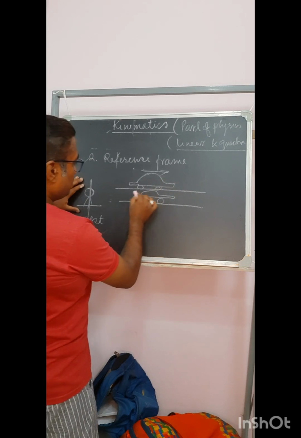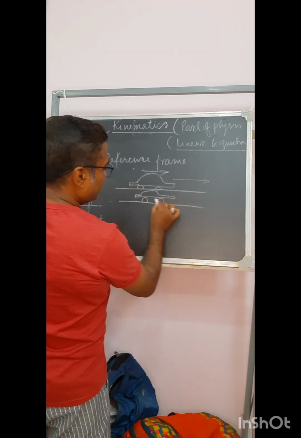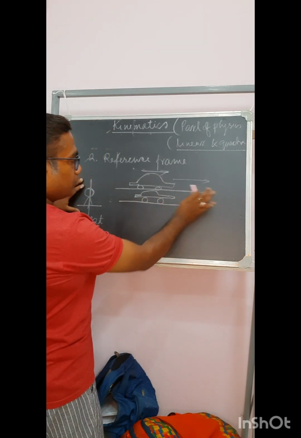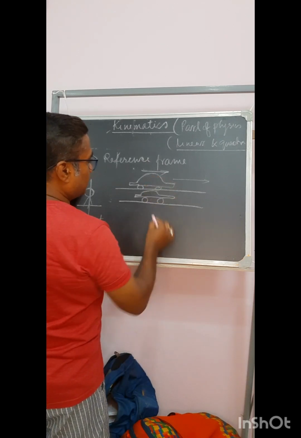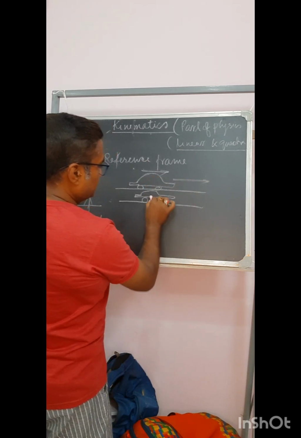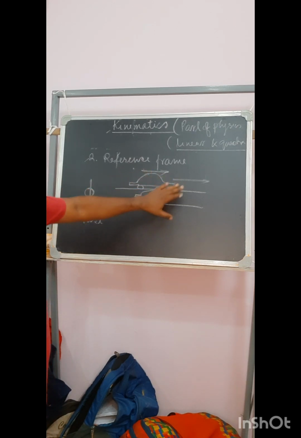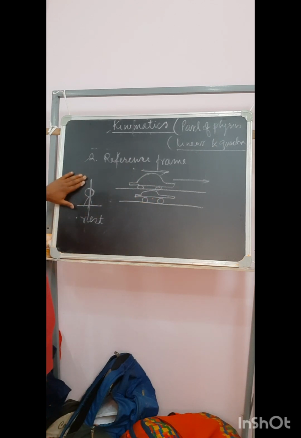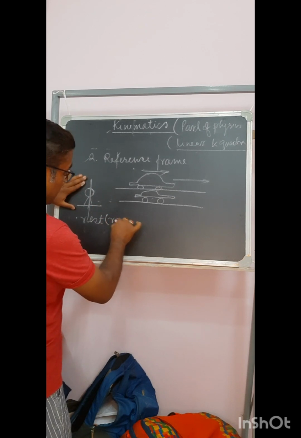After a certain time this car crosses the other car far away, whereas the other is still going behind, so he can assume that this car is moving faster than that car. So with respect to this person standing still, he is my reference frame, and this reference frame is at rest.